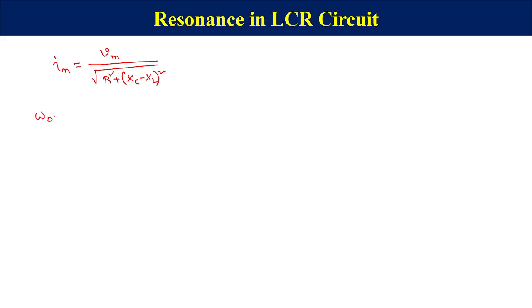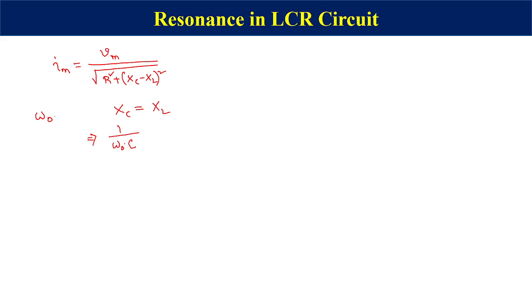In a series LCR circuit at resonance, that is at the frequency omega naught, the capacitive reactance becomes exactly equal to the inductive reactance. So we can write 1 by omega naught C, because that is the capacitive reactance, equal to omega naught L, because at resonance both frequencies have to be the same.